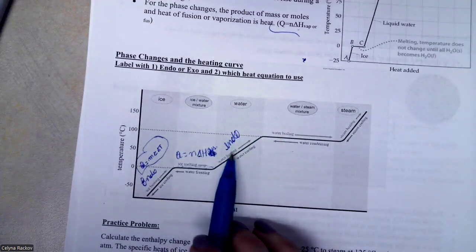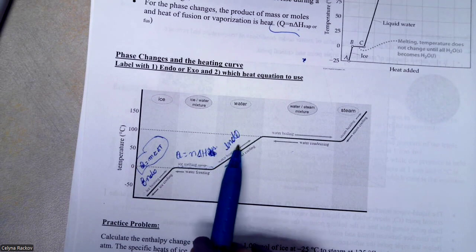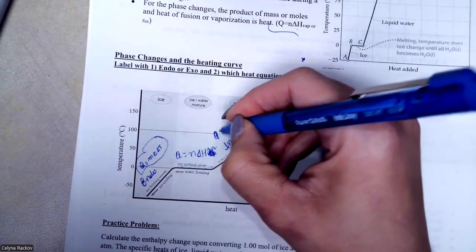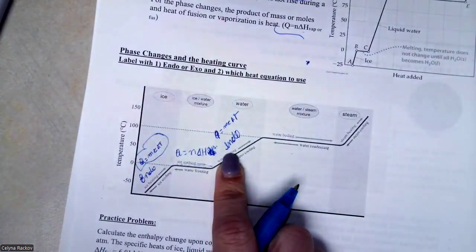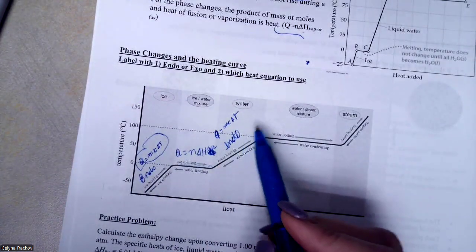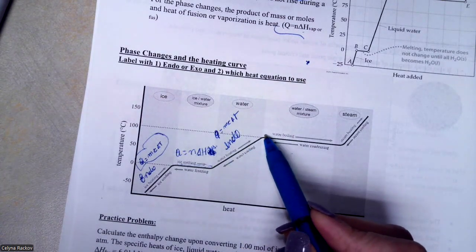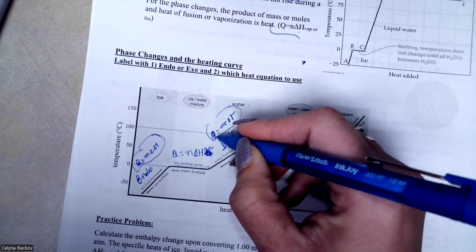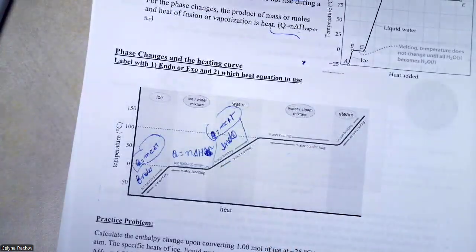Which formula do we use to calculate the heat added in this portion? It will be Q = mcΔT, because the temperature is changing here, from 0 to 100. So yes, we use this formula for this portion.